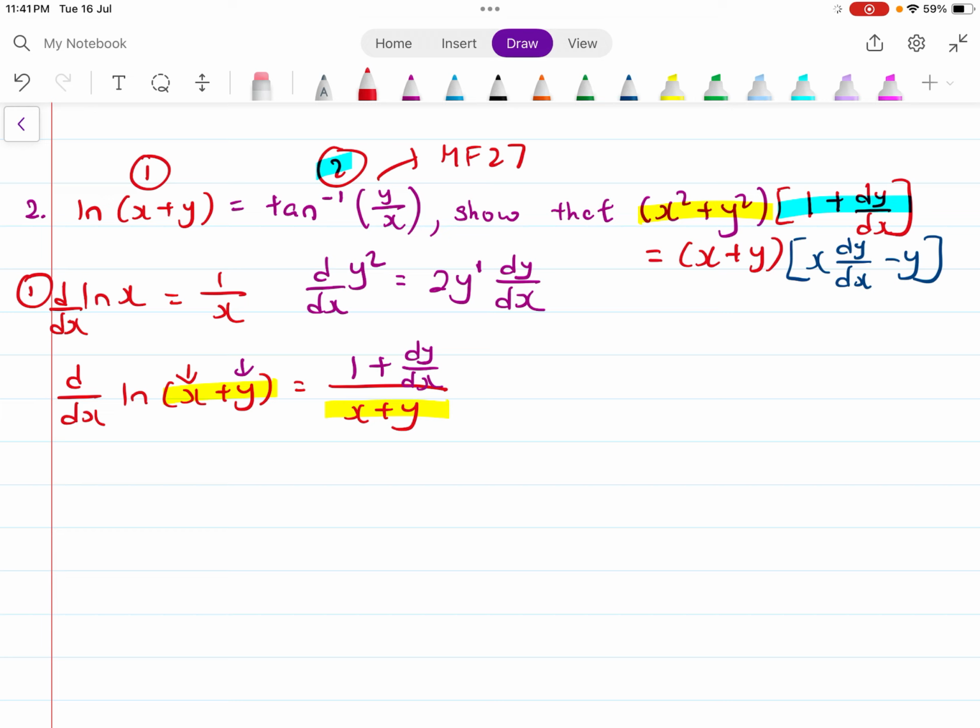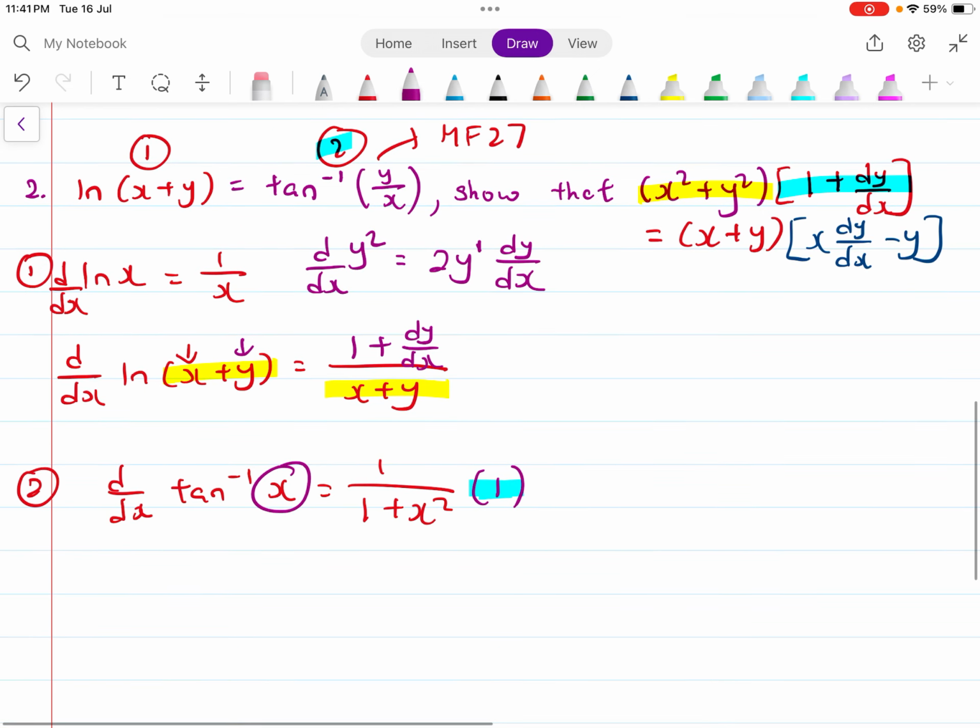Apparently, differentiating tan⁻¹ x, you will get 1/(1 + x²). If you want to write the general form, you put 1/(1 + x²), then you just differentiate the x here, meaning just 1.